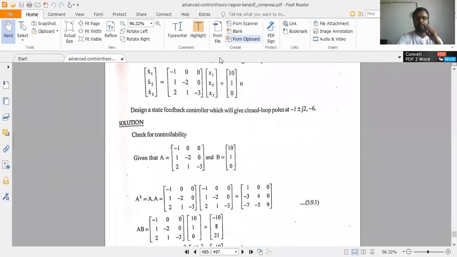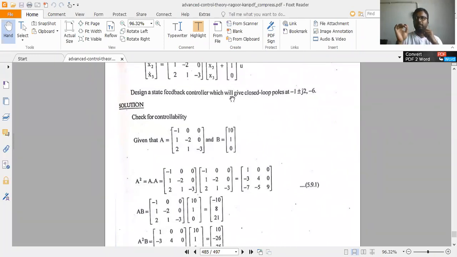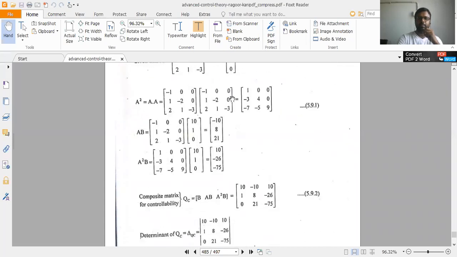These are the matrix for capital A and capital B, and the controllability matrix is obtained as QC is equal to B, AB and A square B. Why? Because the order of the system is 3, that means n minus 1 is equal to 2. Therefore the matrix should consist of the elements B, AB and A square B. These are the elements which have to be included in the controllability matrix.